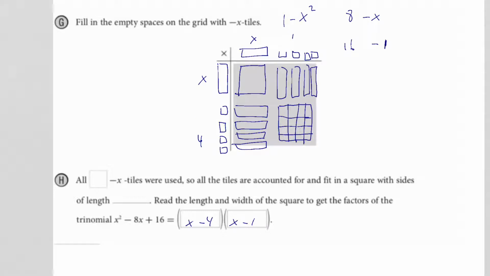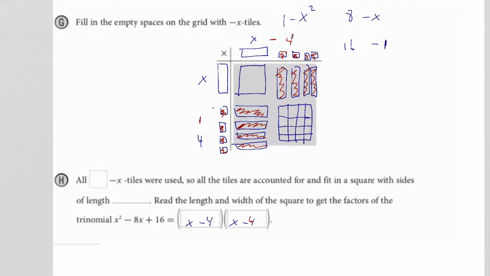So this is actually minus 4 and minus 4, and these are all negatives, which means these were negative, also negative. So x minus 4 times x minus 4, right?